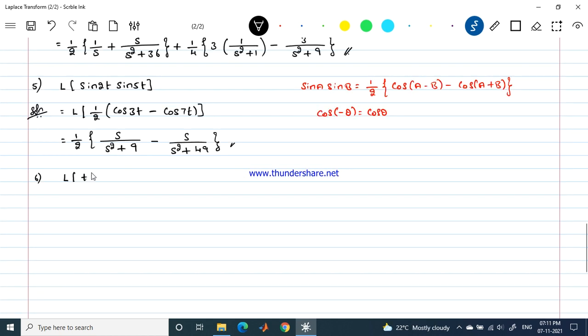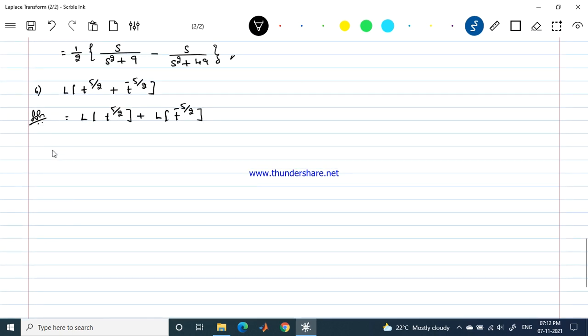L of t power 5 by 2 plus t power minus 5 by 2. This is Laplace of t power 5 by 2 plus Laplace of t power minus 5 by 2. This is equal to, this is L of t power n, n is not an integer.